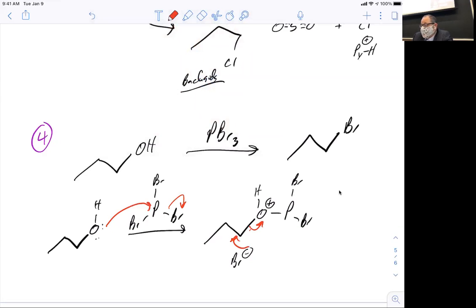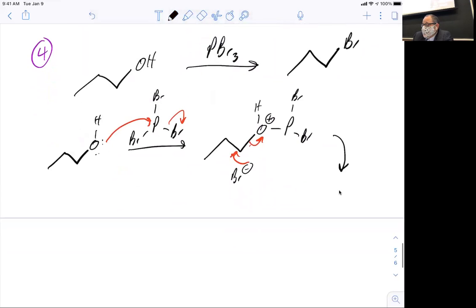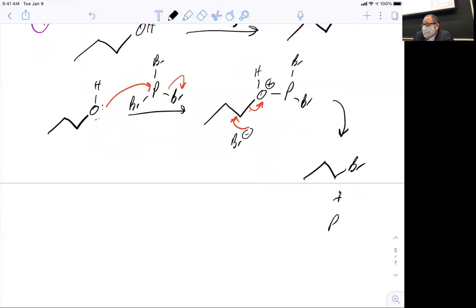So it's going to attack the antibonding orbital, kicking off the phosphorus. This results in my bromide plus then the phosphorus. One of the driving forces for this reaction is the strength of the phosphorus oxygen bond.